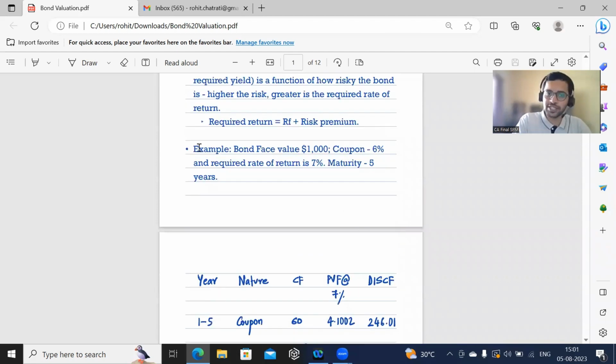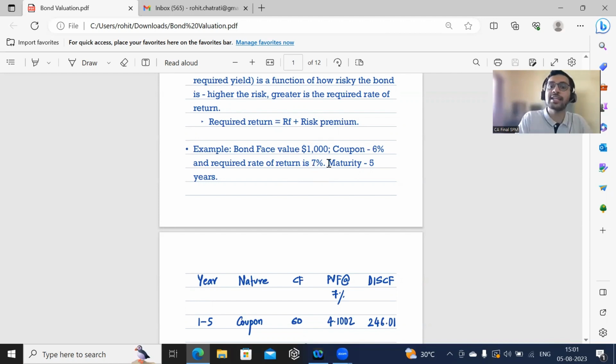If the information is given in the same way, all you have to do is consider the coupon to be $30 and also divide the required rate of return, which was 7 percent per annum, by 2 to get 3.5 percent, and you can proceed in the same manner.